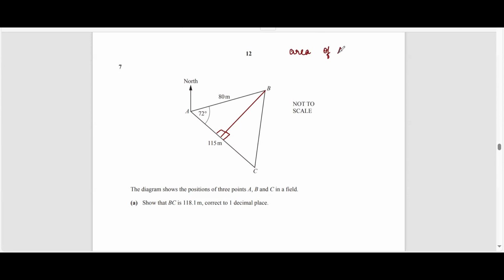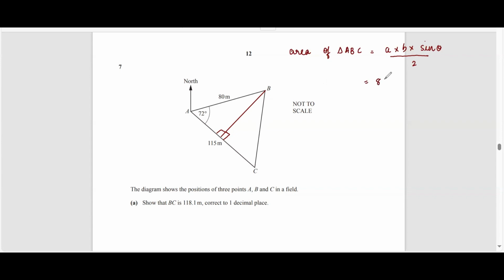Area of triangle ABC, we know that if we have two adjacent sides and the angle connecting them is given, then you can use the area of triangle formula using trigonometry. That is a into b into sine theta divided by 2, where a and b are the adjacent sides and the angle connecting them will be the theta here.